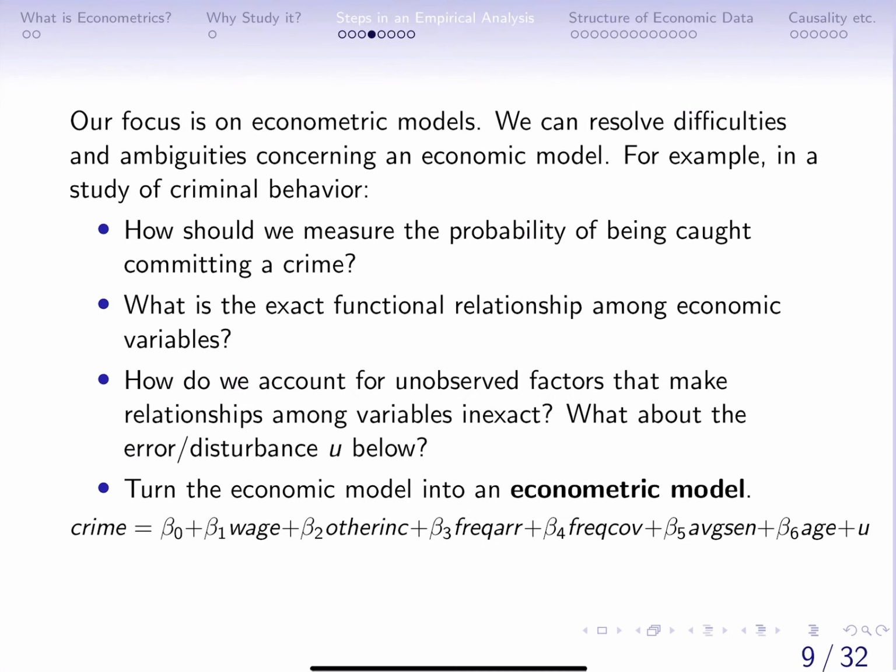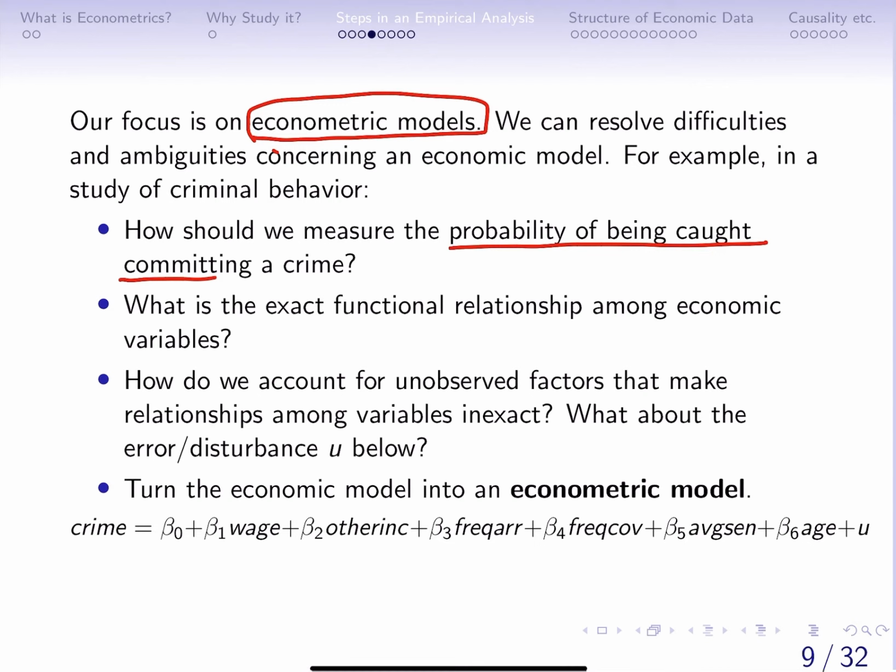But in this course, our focus is on econometric models. So we must go from that conceptualization to turning that into an econometric model, okay? But first, we should really think about a few things. Maybe when you wrote down those factors, you came up with a variable saying that the time you spend on an illegal activity probably depends on the probability of being caught, right?